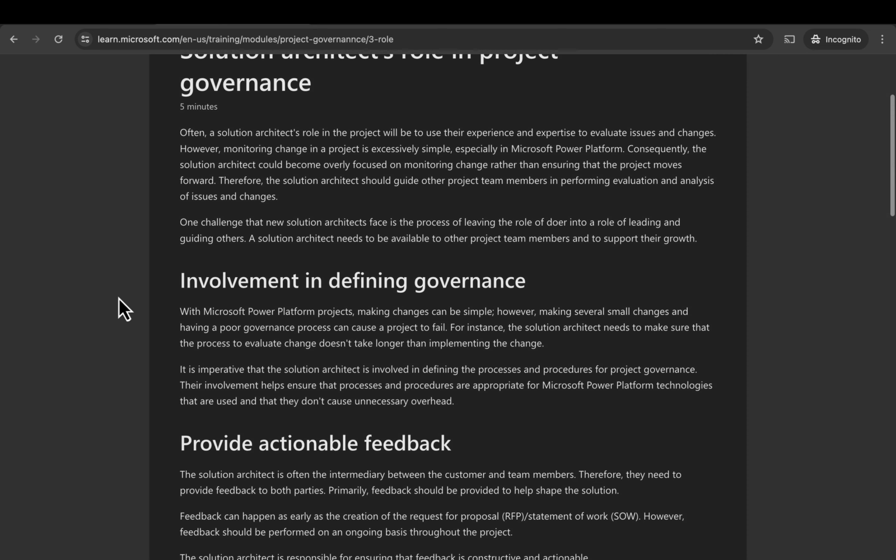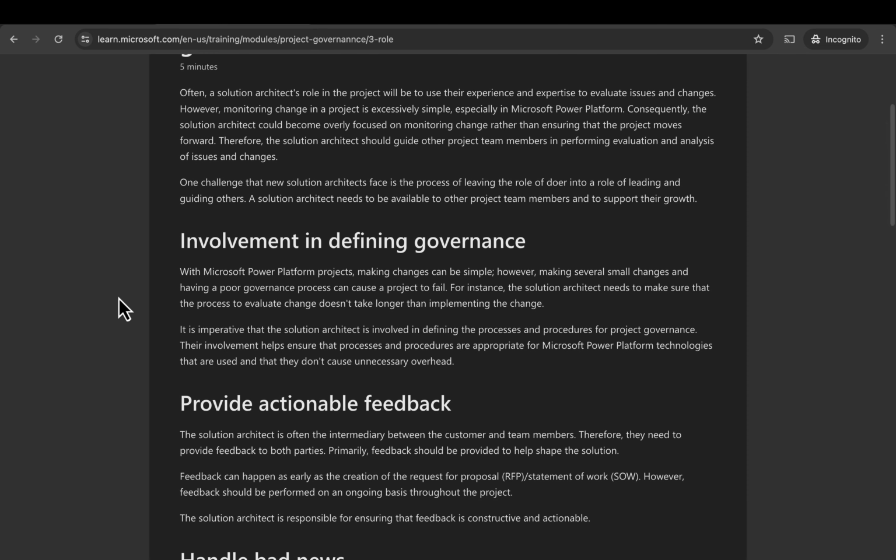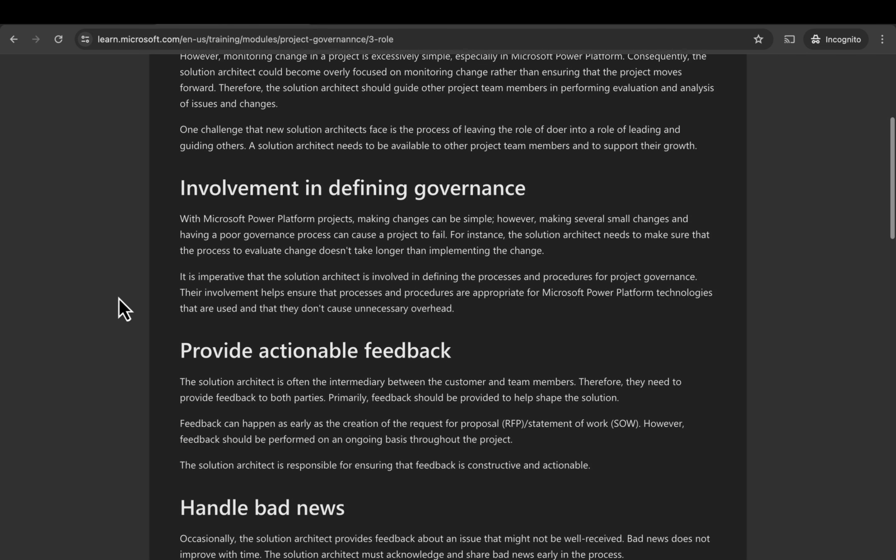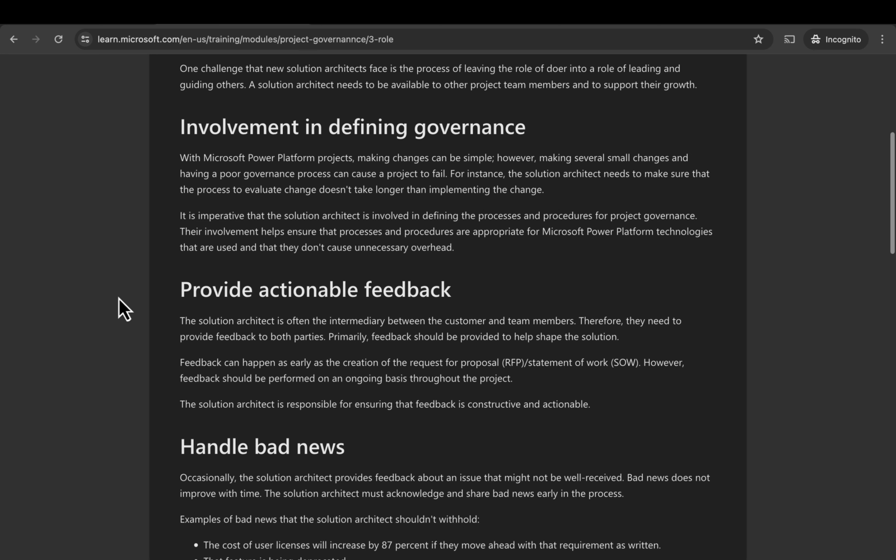Therefore, the solution architect should guide other project team members in performing evaluation and analysis of issues and changes. One challenge that new solution architects face is the process of leaving the role of doer for a role of leading and guiding others. A solution architect needs to be available to other project team members and to support their growth.